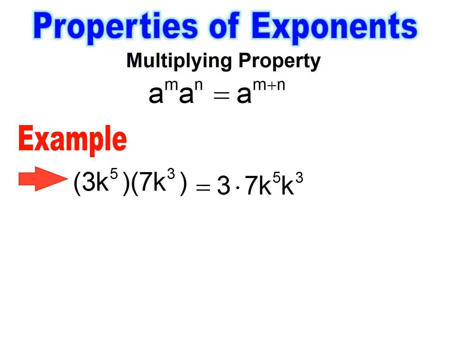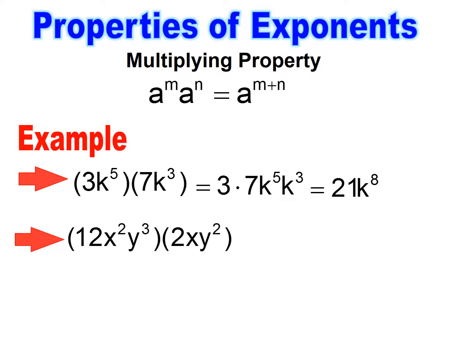So 3 times 7 is 21, and then the like base of k, I add the exponents and I get k to the 8th. So be careful that you don't do 3 plus 7, it's multiplication, 3 times 7, which is 21.